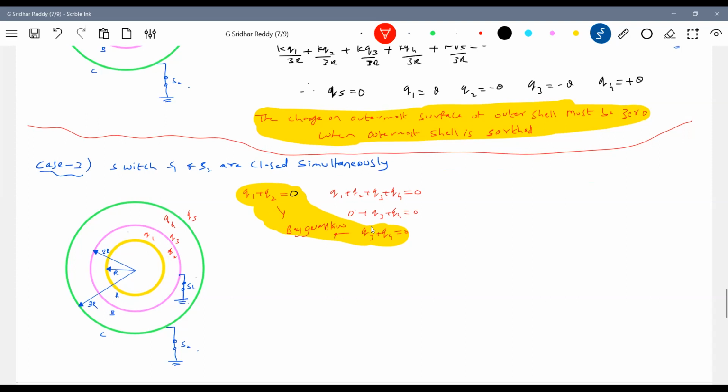Only that one. So Q1 is equal to how much? Charge of shell is conserved as it is not earthed. So Q1 equal to Q, so Q2 equal to minus Q. That's all. What about shells B and C? They're earthed. So potential of shell B is 0, potential of shell C is also 0. Solve it, you'll get the required answer.